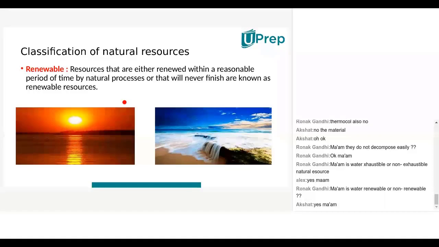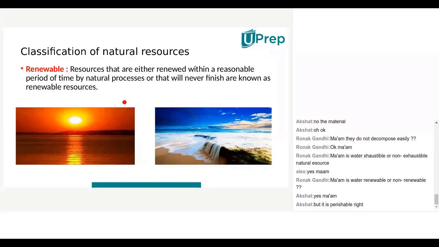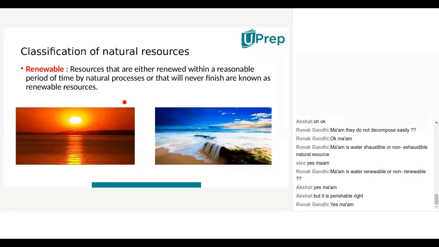When it comes to non-renewable resources, I'll say later. Here I have given you the picture, this ocean water. Is there any chance of draining of this or of it perishing? No, there is no end for this ocean water. It keeps regenerating and replacing.